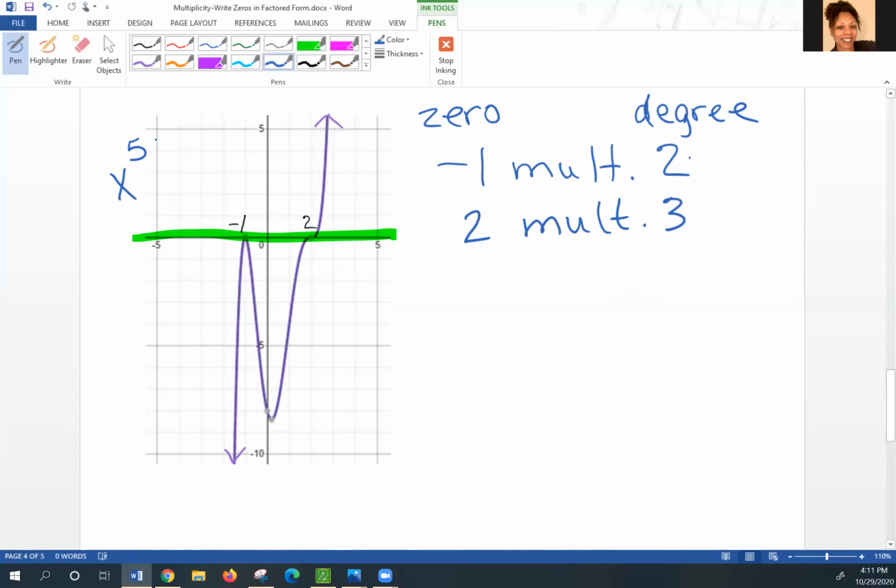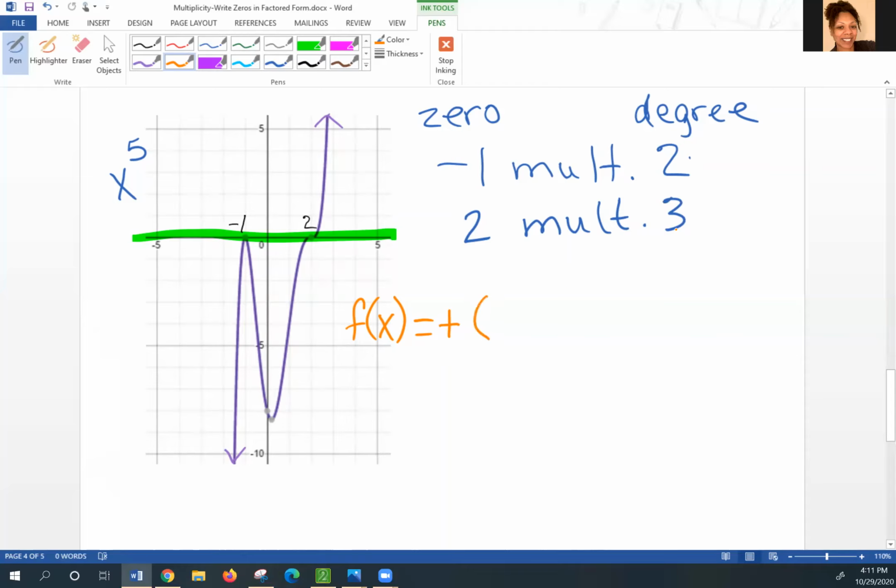So I'm going to go ahead and write my function out using f of x or y. Sometimes you'll see y. Again, I don't have to write the plus sign, but I'm going to write the plus sign just to remind myself that this is a positive leading coefficient. The second thing I'm going to do is put it in factored form based off of the highest degree.